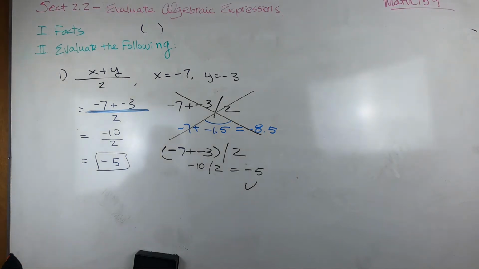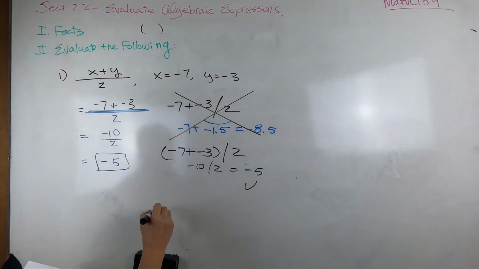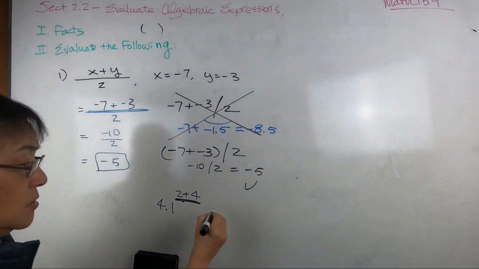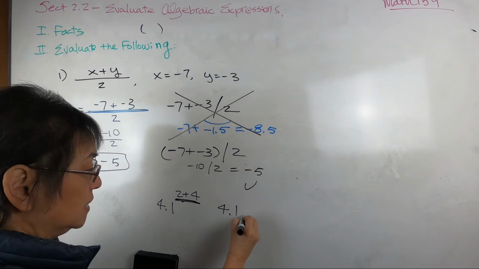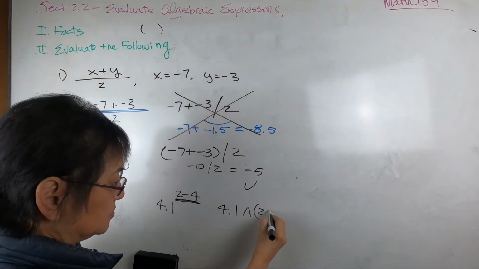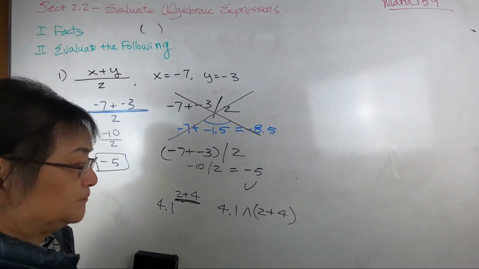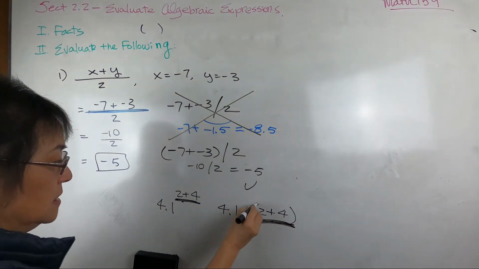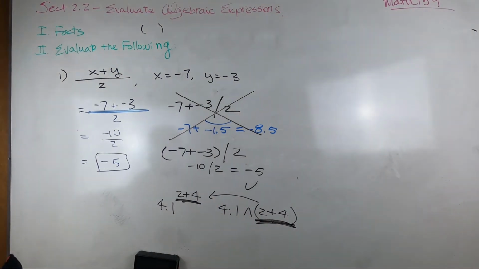Then for the exponents, remember we had something like 4.1 squared plus 4 last time. Because you have to do the exponent first, you have to enter into the calculator 4.1, then the caret symbol, we call it the caret symbol, then 2, then plus 4, because you have to perform the exponent first.